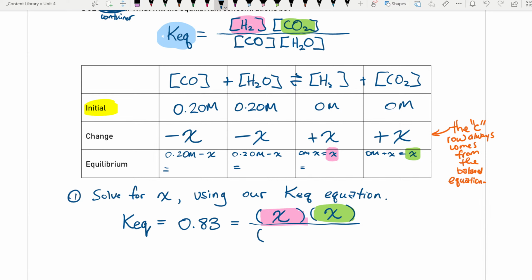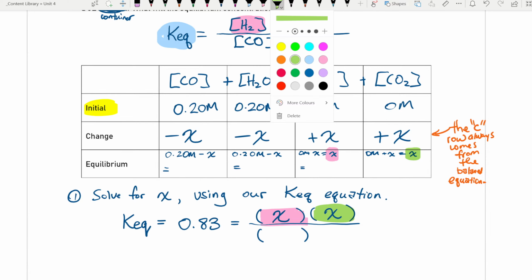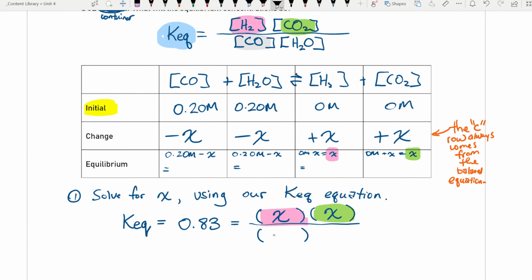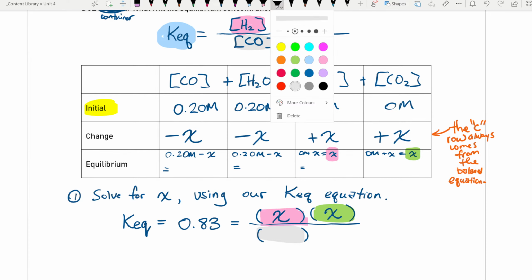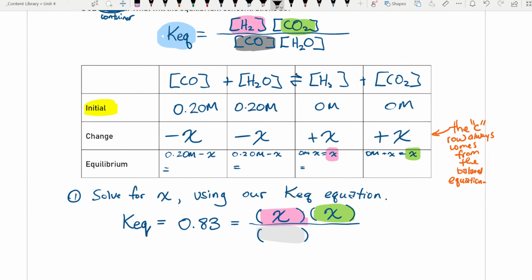And then what goes on the bottom? Well, we need the concentration of CO. And here, now that I'm not getting ahead of myself for a change, what's the concentration of CO? How much? 0.20. Great.